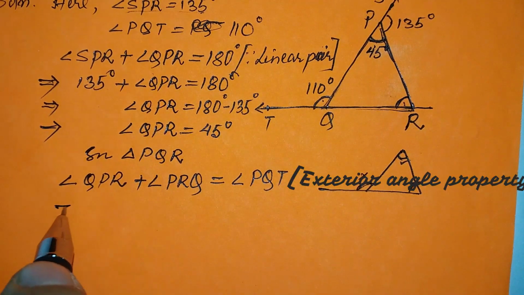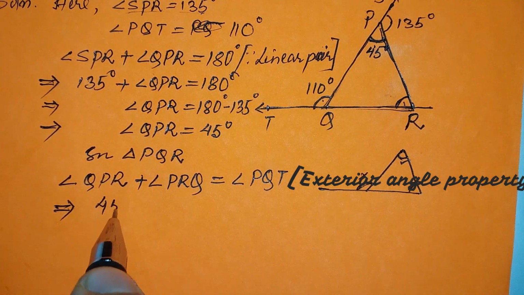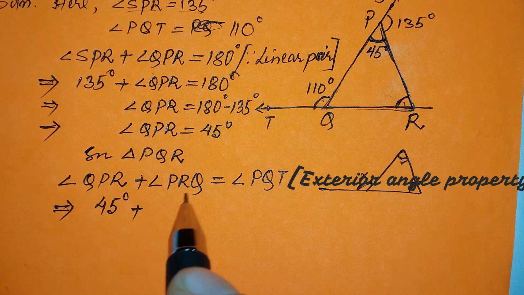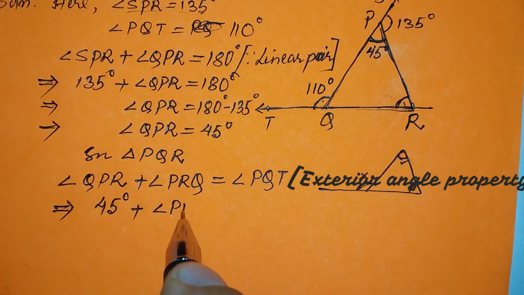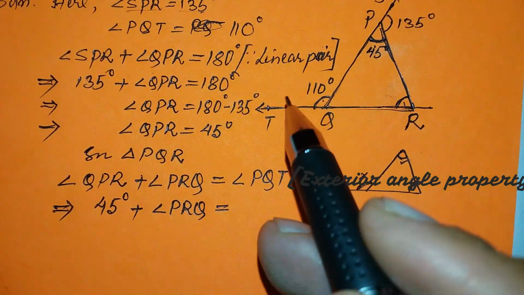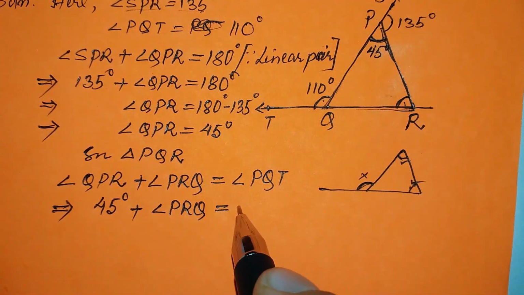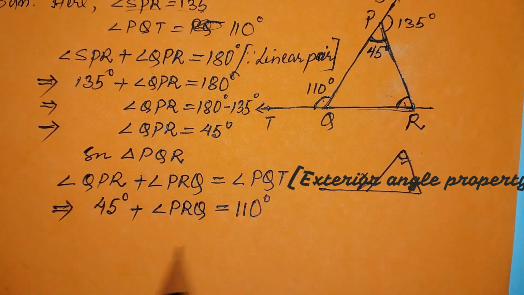Now QPR is 45 degrees, plus angle PRQ, which is what we're going to find out, is equal to angle PQT, which is 110 degrees.